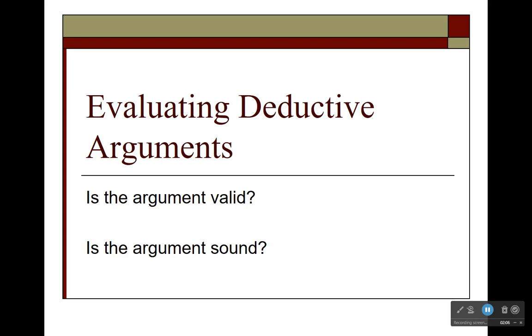When it comes to evaluating deductive arguments, which are the kinds of arguments we're going to be focused on in this class for the most part, and which are the focus of my comments today, there are two criteria that we apply, or two questions that we ask. One question would be, is the argument valid? And the other question would be, is the argument sound?